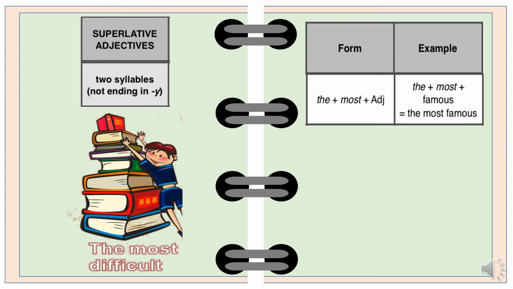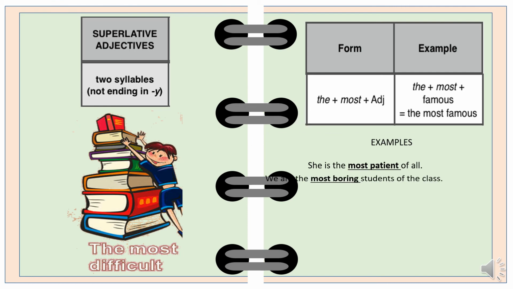Okay, so example number one. She is the most patient of all. Look at how the word changes. It's not like when we have one syllable. Okay, sorry. This one has two syllables, but it doesn't end with y. Most patient. Okay, we have to add most. When the word doesn't end with y, we write most.